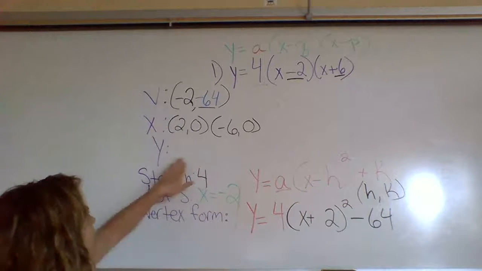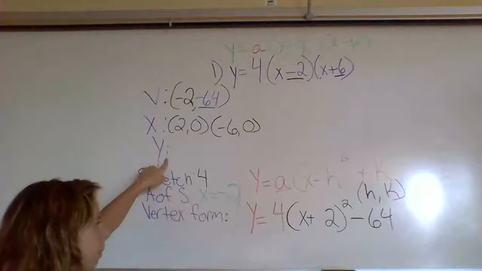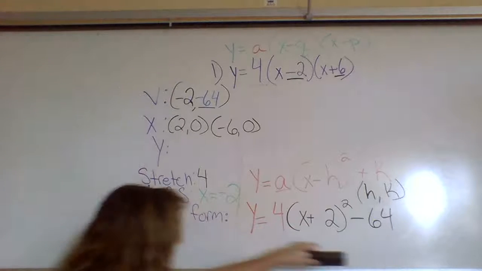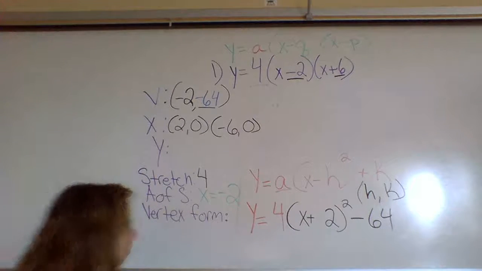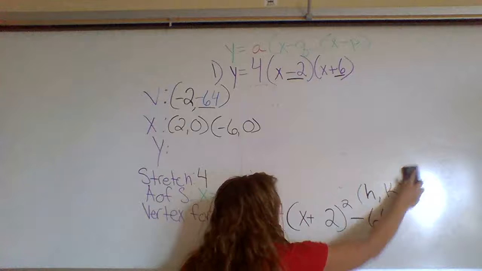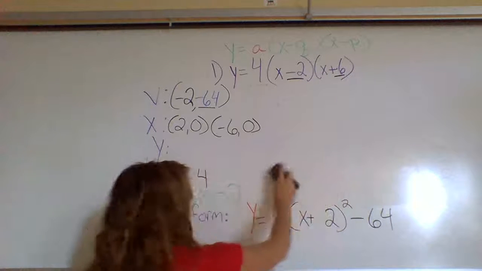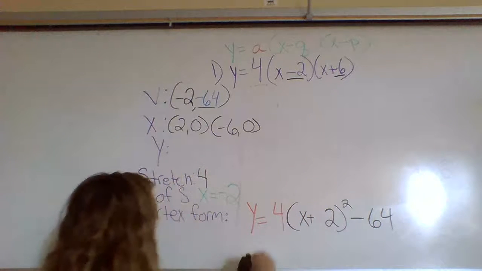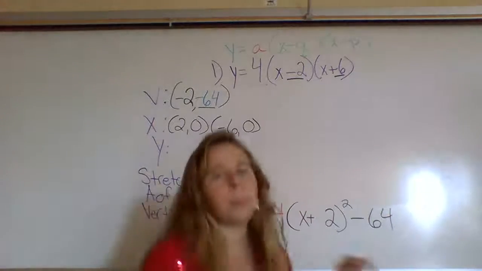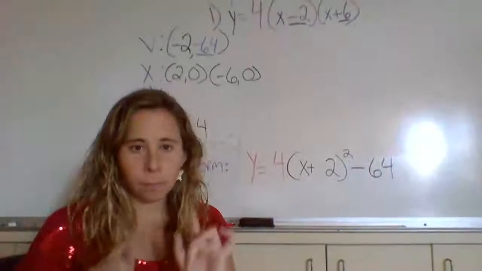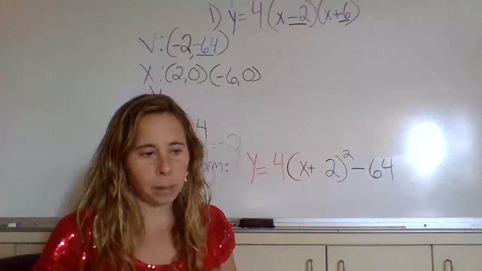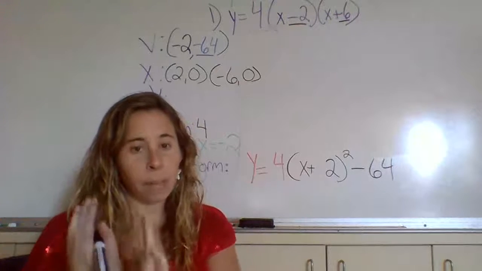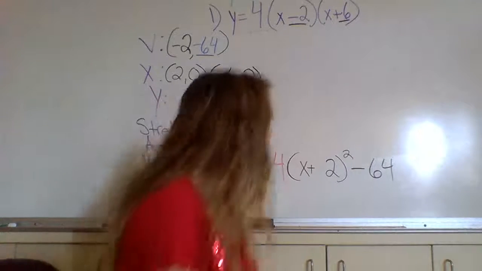All right, the last thing you need to figure out is the y-intercept. Okay, to find the y-intercept, when x equals 0, whatever the y value is, that's your y-intercept.